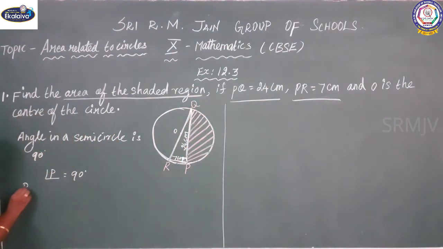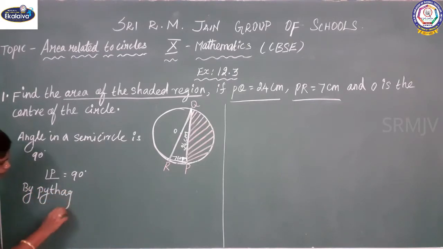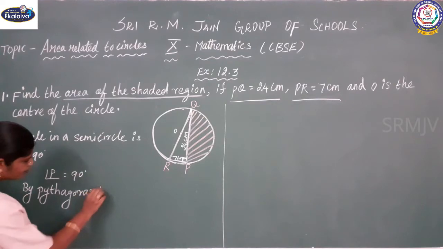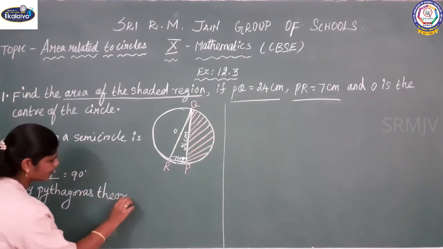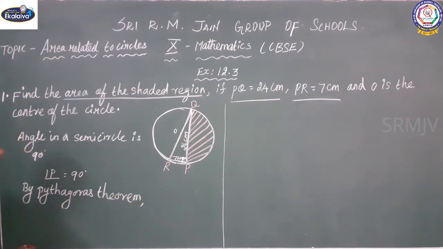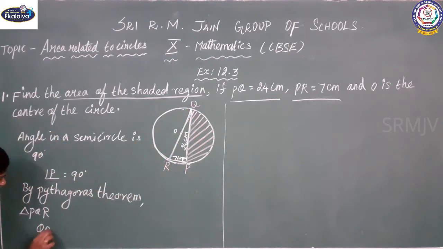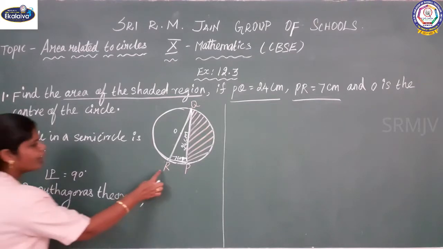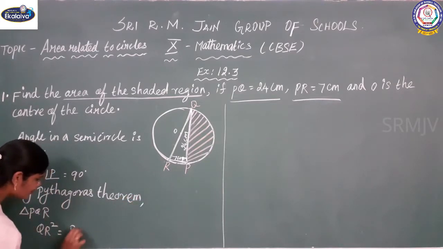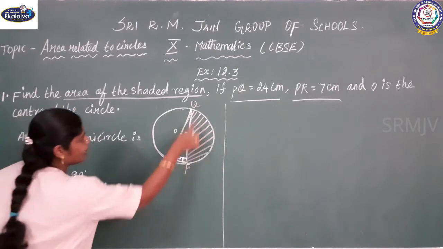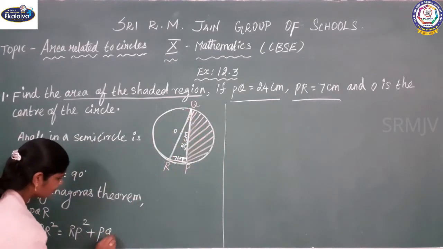So by Pythagoras theorem, in triangle PQR, the hypotenuse is QR. QR square equal to RP square plus PQ square.